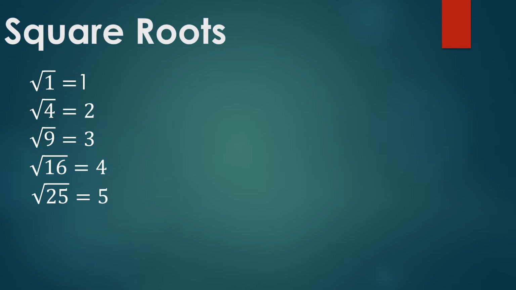Square root of 16 is equal to 4 because 4 times 4 is equal to 16. Square root of 25 is equal to 5 because 5 times 5 is equal to 25. The radicands in these examples are what we call perfect square numbers because their square roots are whole numbers.